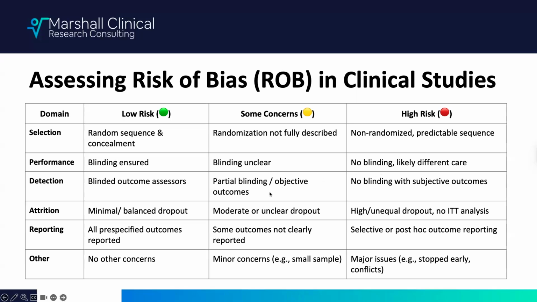Maybe there's detection bias, so the participants might have found out that they were in the study getting the intervention, and they might be more likely to report positive findings because of that awareness that they were in the treatment arm. Attrition, some concerns might see moderate or unclear dropout, and then outcomes not clearly reported.